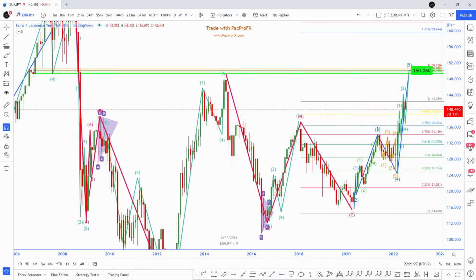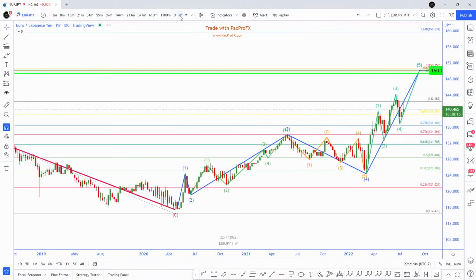Let me see if I... I think I just did the monthly not too long ago anyway. Monthly time frame, it's still good. So I'm going to leave it as is. The weekly, very good, progressing nicely.